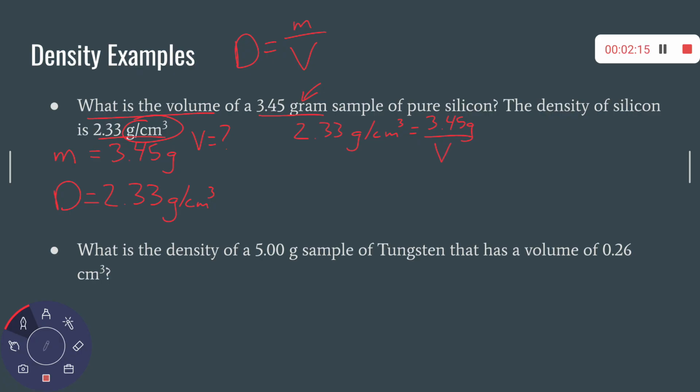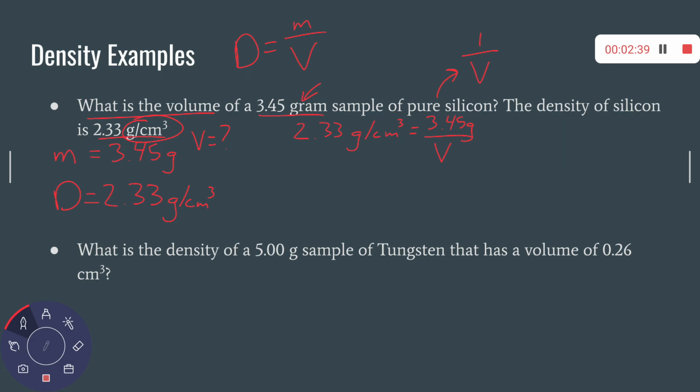One thing we need to be careful of here is you might think I can divide both sides by 3.45, and that's going to give me volume. Careful. If you do that, you won't get volume. Instead, you would get 1 over volume, the reciprocal of volume. That's not what we want. We don't want the reciprocal of volume, we want volume.